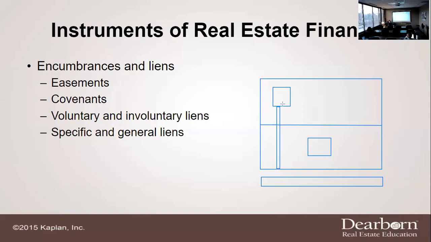Now, let me ask y'all this question. Does it have to be perfectly aligned with the property? No. What could happen is, say for example, Travis, you built this house right here, and you did a little driveway right there to your house.